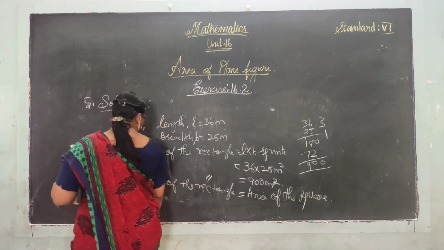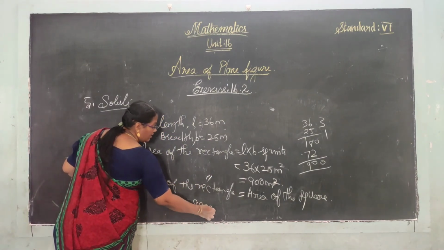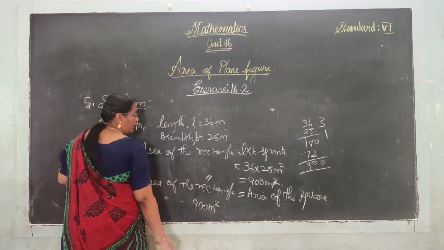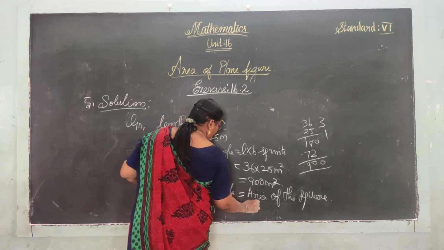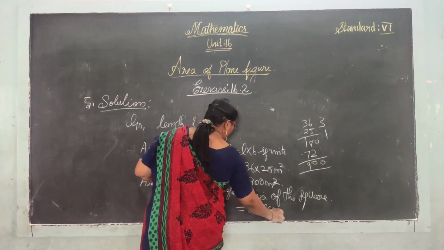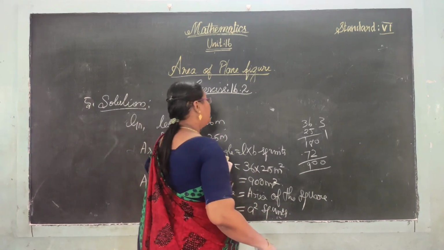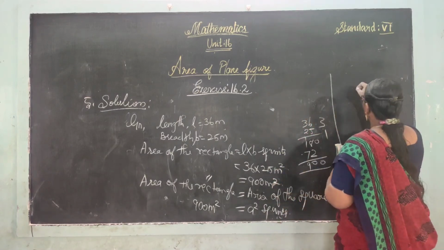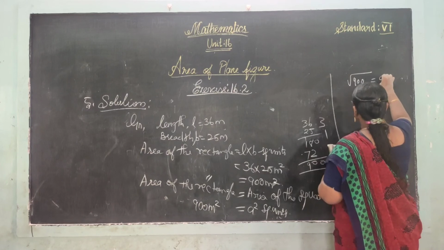Okay, so area of the rectangle we found is 900 meter square, which is equal to area of the square, formula A square units. Okay, so we have to take the square root. So square root of 900 is equal to A.